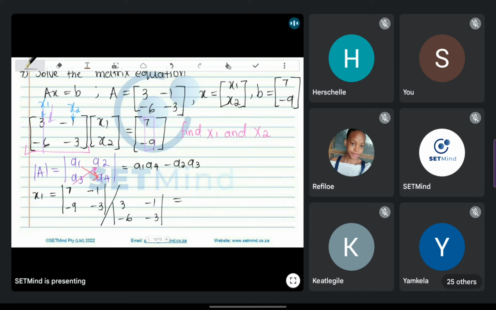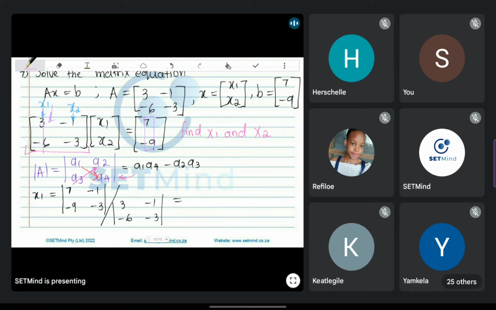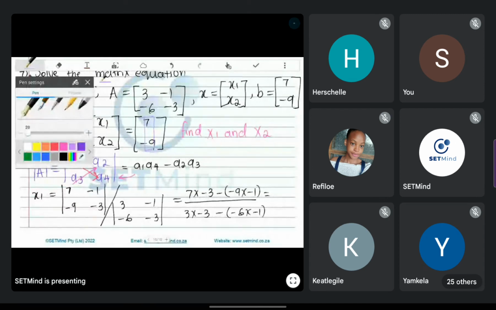Right, so if you follow the same logic I presented above, you will realize that in the numerator, you will have 7 multiplied by negative 3 minus negative 9 multiplied by negative 1, divided by 3 multiplied by negative 3 minus negative 6 times negative 1. And the answer here, let me see, that's negative 21.